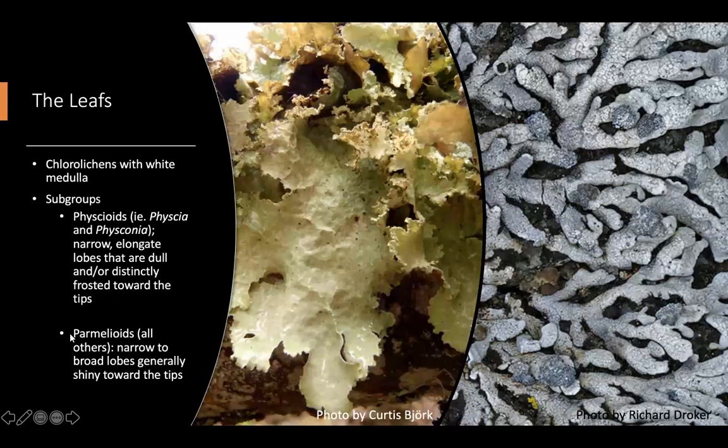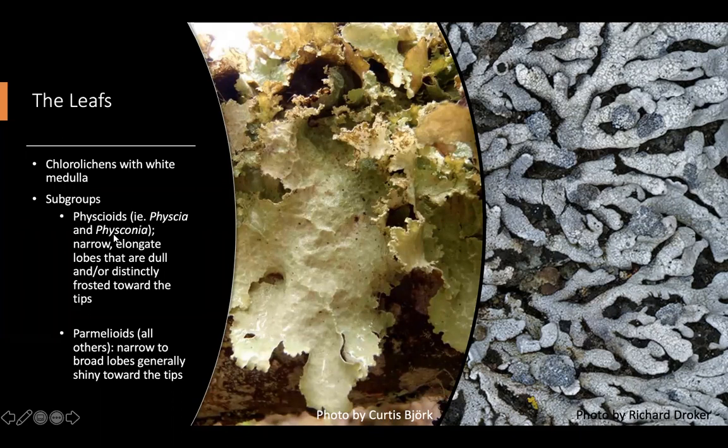Okay, so some general characteristics of the leaves morphogroup. These are chlorolichens with white medulla. Within this group, you could subdivide it into two phylogenetic groups, the physioids, which contain genera such as Physcia and Phaeophyscia.